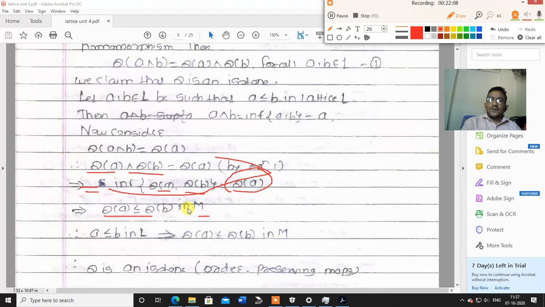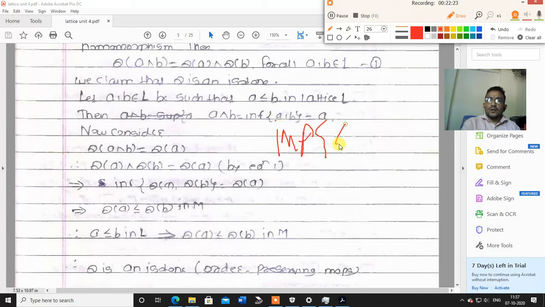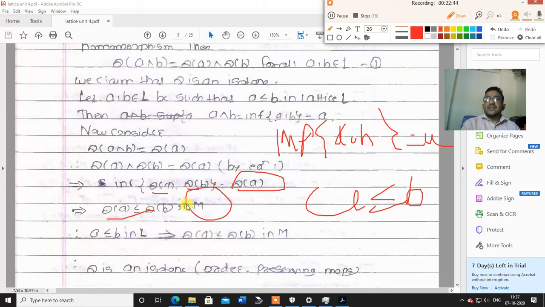Here we know that if the infimum of A and B is A, then we can say that A must be related to B. Now we got two elements, theta of A and theta of B, whose infimum is theta of A. Therefore theta of A must be related to theta of B in lattice M. Whenever A is related to B in lattice L, theta of A is related to theta of B in lattice M. Therefore theta is isotone, or an order preserving map.